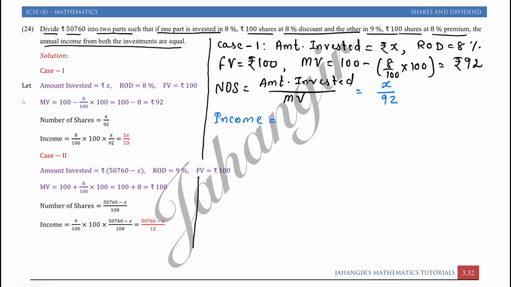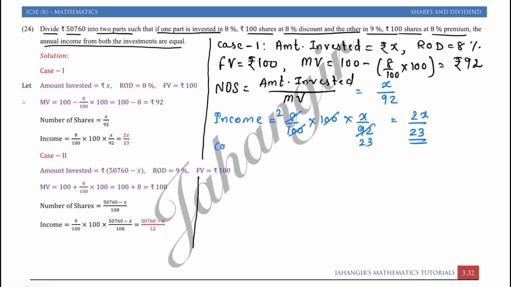Income is equal to ROD 8% upon 100 into face value 100 into x upon 92. So 100 cancels, 4 twos are 4, 23s are. So that is 2x by 23. This is the income in the first case.